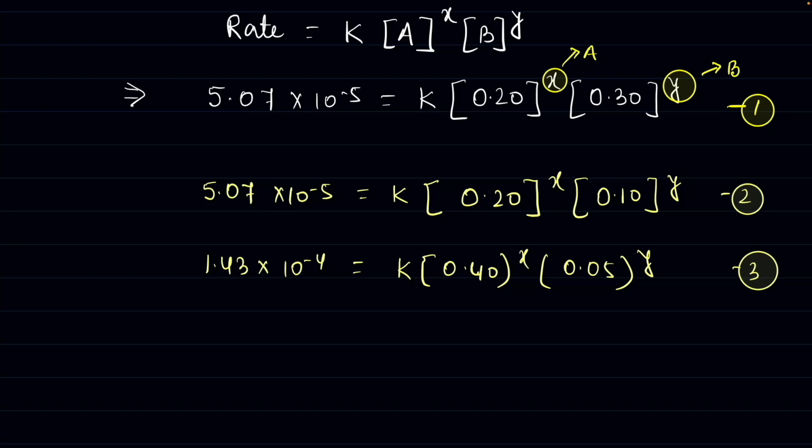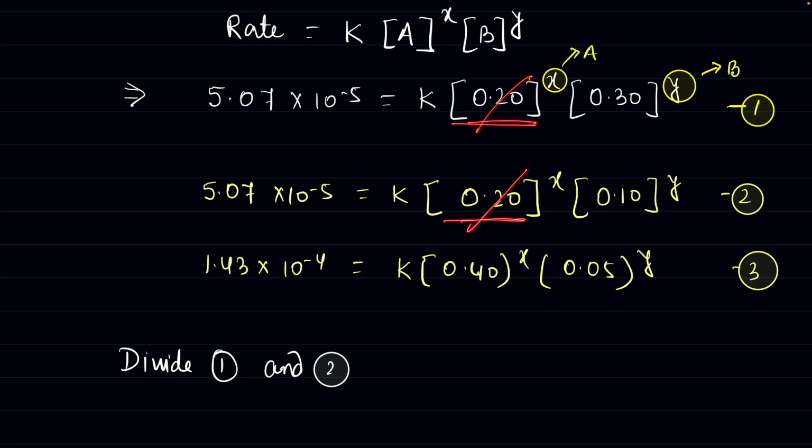Based on these three equations, we need to find the value of X and Y. So for this, we can divide relation 1 and relation 2. Why do we need to divide it? Because you see here, the concentration of A is the same for both. So we can cancel this term and then we can find the value of Y. So let's continue.